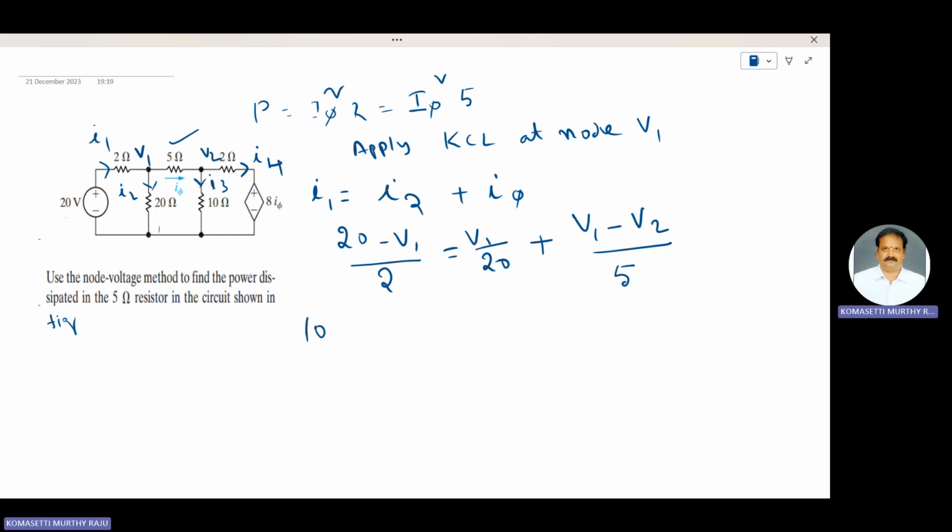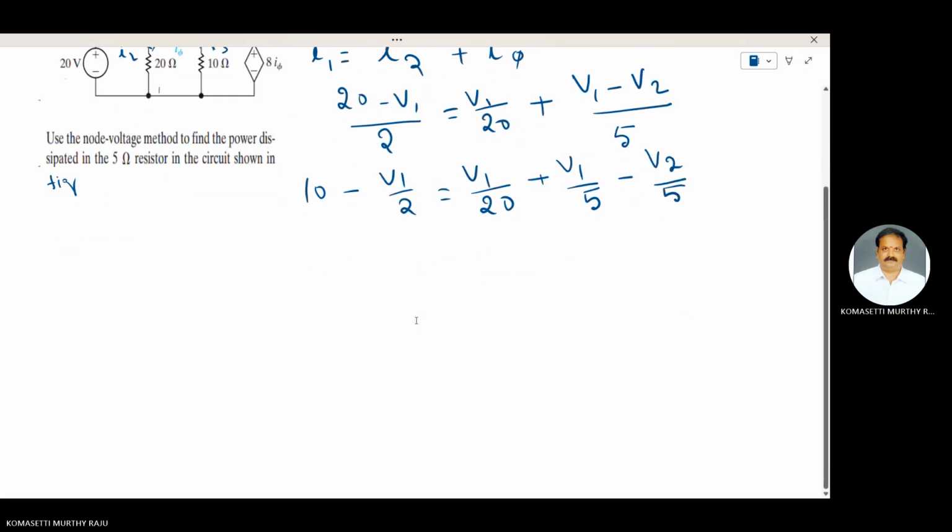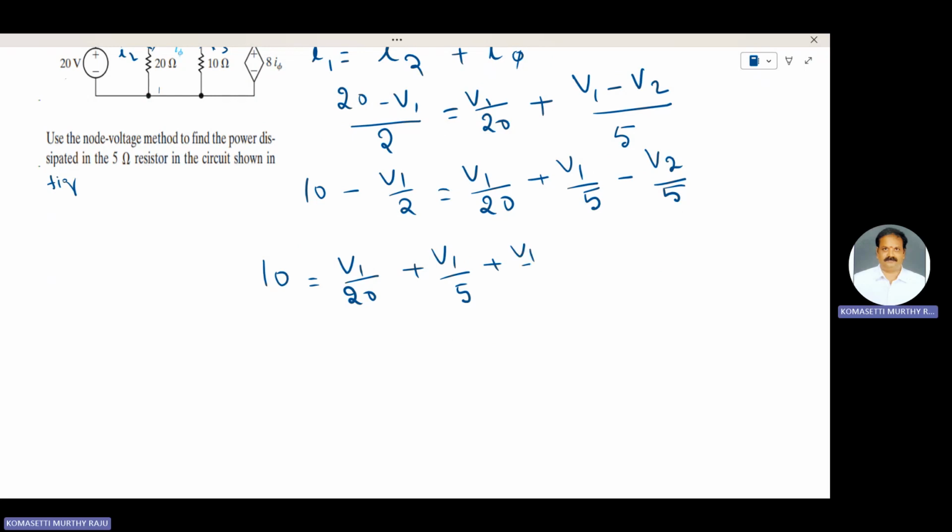20 by 2 is 10, minus V1 by 2, equals V1 by 20 plus V1 by 5 minus V2 by 5. So 10 is equal to V1 by 20 plus V1 by 5 plus V1 by 2 minus V2 by 5.